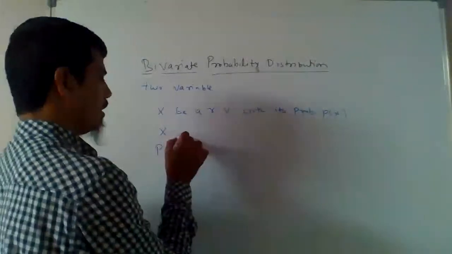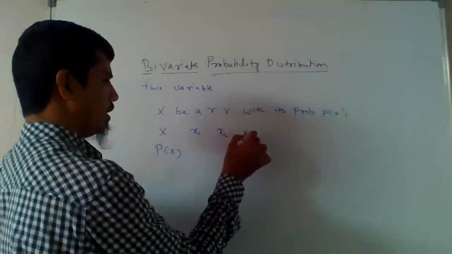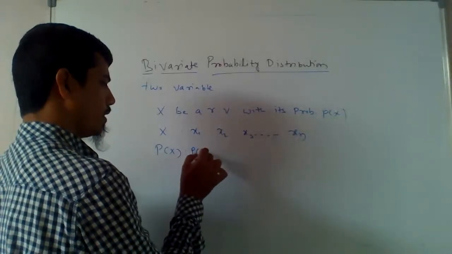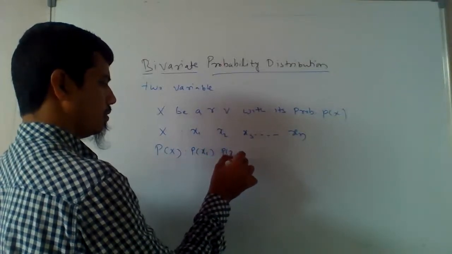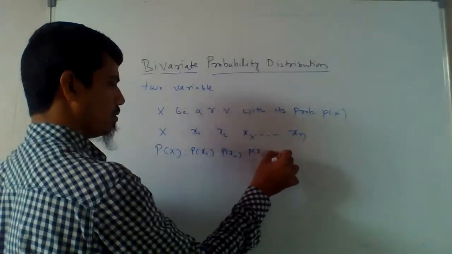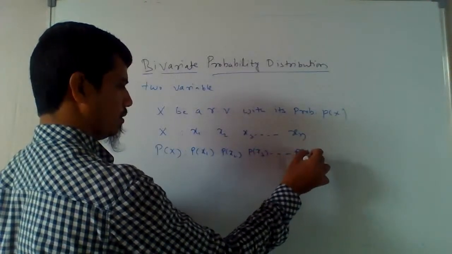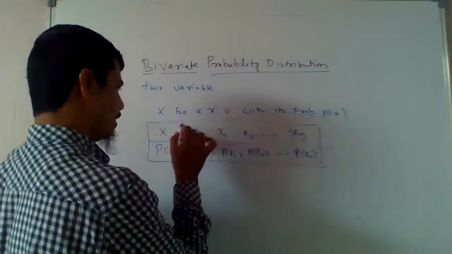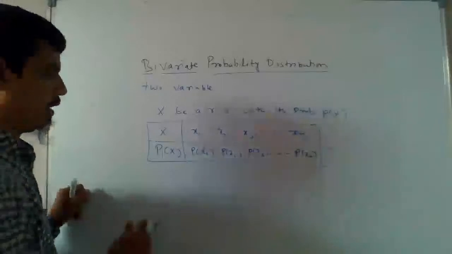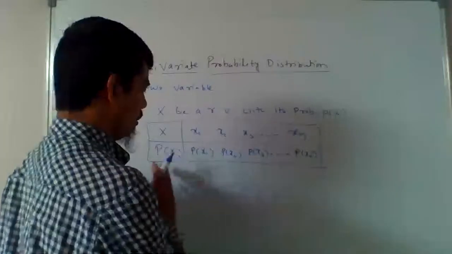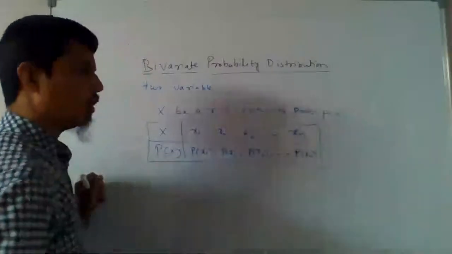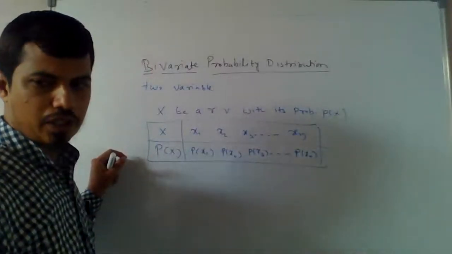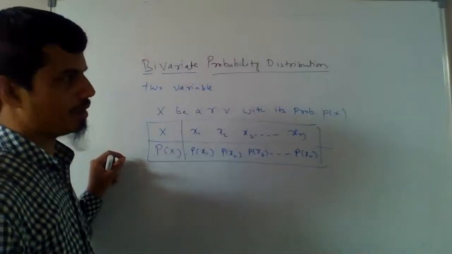Suppose that X takes the values x1, x2, x3, and so on up to xn, with corresponding probabilities p of x1, p of x2, p of x3, and so on p of xn. This distribution of a random variable with its probabilities is known as a probability distribution that we learned in the previous classes.